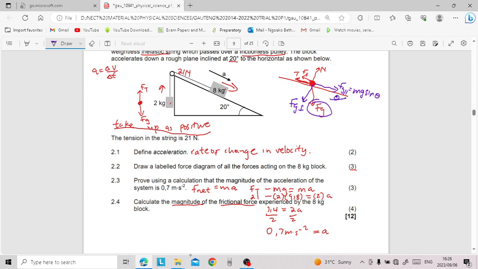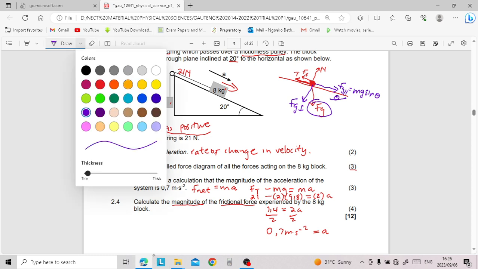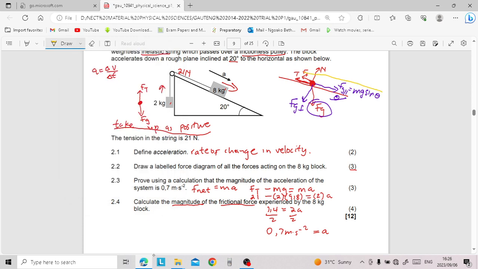So the forces acting parallel to the surface are 3: tension, friction, and this one.